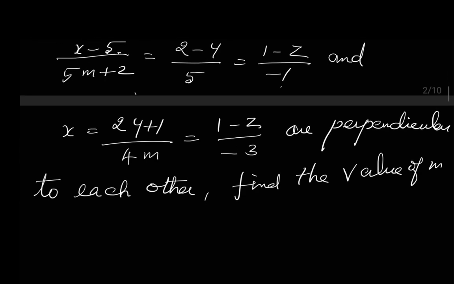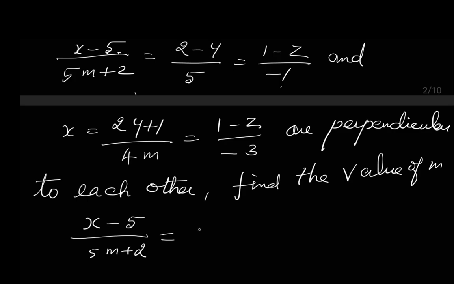First let me take the first line. The line should be in the form (x minus x1) by, (y minus y1), but here it is 2 minus y. So first you rewrite this. The first term is correct, (x minus 5) by (5m plus 2). But the second one I have to write in y minus y1 form.